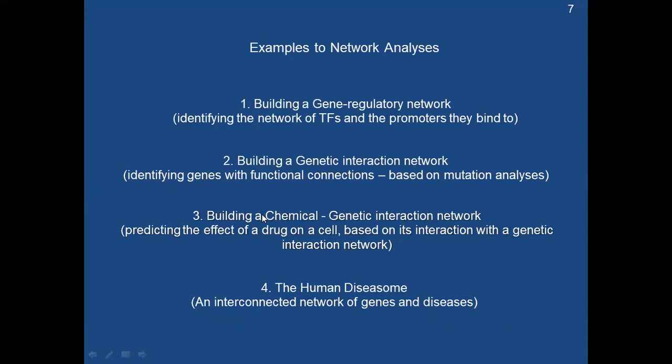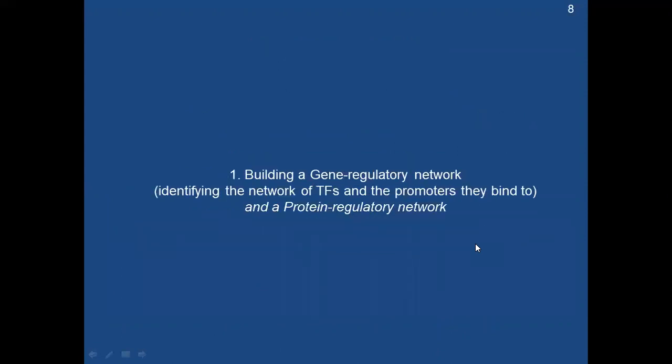So we are going to find out which drugs might act on a cell in a way that a mutation in a gene would act. And then finally, we are going to go over this topic, which is called the human diseasome. We are going to generate a network of genes and diseases, and we are going to see how all of these are done. So let's start with the first.